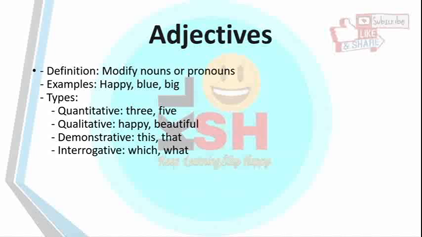Qualitative adjectives means the adjectives that define the quality: happy, beautiful, etc. Demonstrative adjective means the adjective that is denoting any particular thing like this, that, etc. Interrogative adjective means the adjective that is used for questioning: which, what, how, etc.